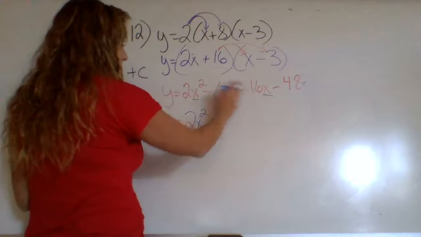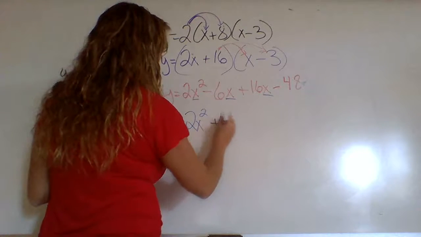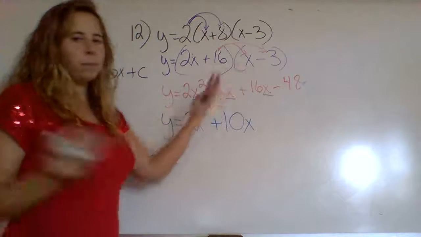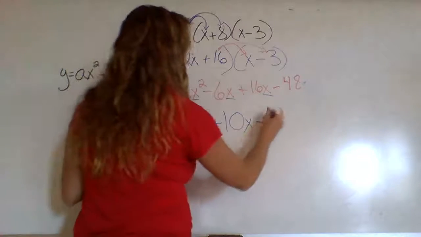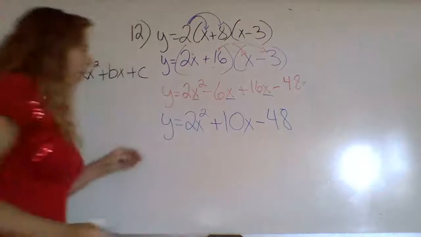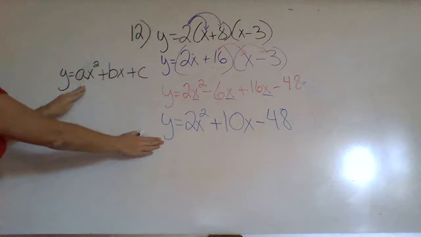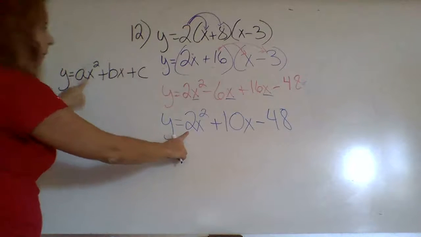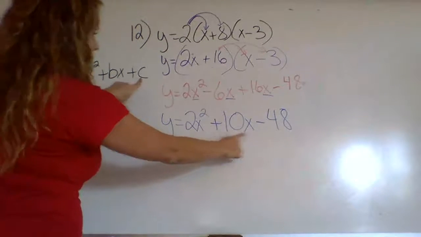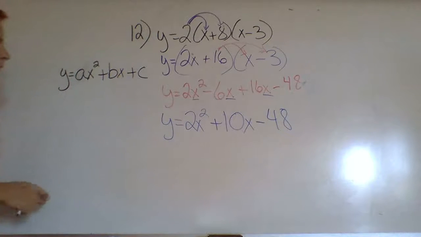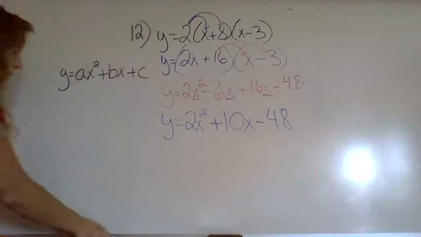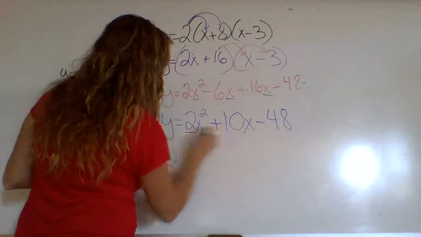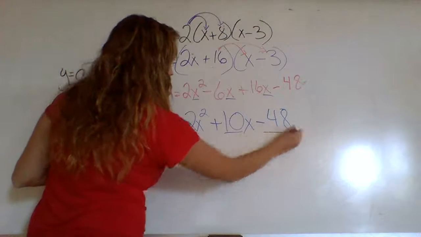So 16 minus 6, 10x, and then your negative 48, nothing to combine it with, so just rewrite it, negative 48. And there you go. Now we're in standard form. This is your A, this is your B, this is your C. A, B, C: 2, 10, negative 48.